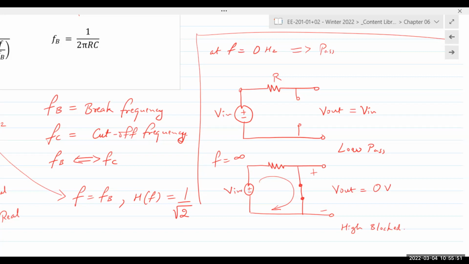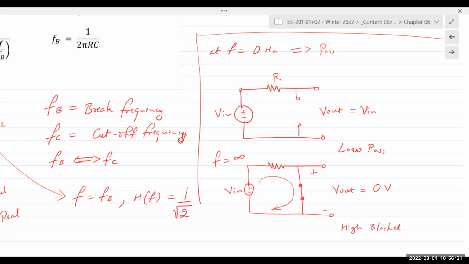Does that make sense? Again, it's a quick and easy analysis. But if you wanted to do it mathematically, you can plug in multiple values of F less than FB. So if FB is, let's say, 1,000, you plug in F equal to 1, 10, 100. And you can see it does not change the magnitude of the output. The magnitude of the output is only going to change after F goes higher than FB.